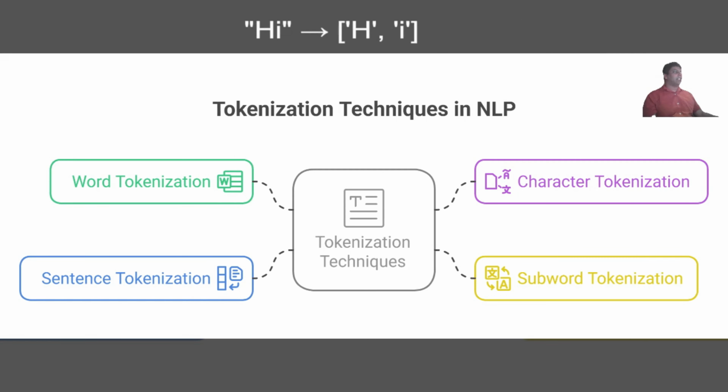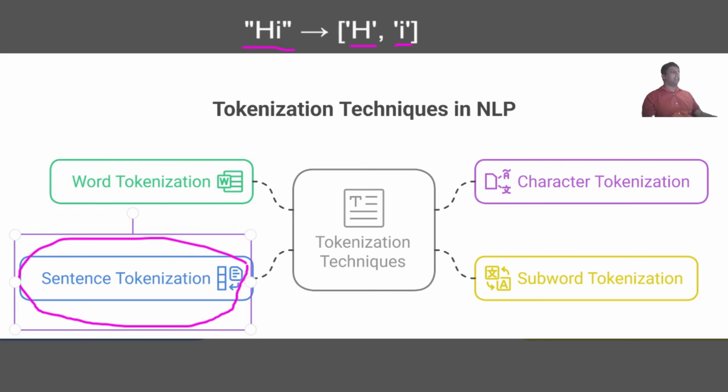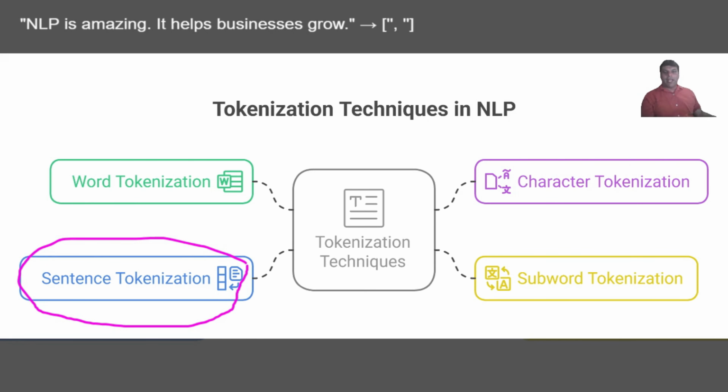Now the second example is character tokenization. You can see the word is hi, and based on the characters, it will tokenize H and I separately. Third is sentence tokenization. Let's see the example. We have two sentences here: NLP is amazing. It helps business grow.